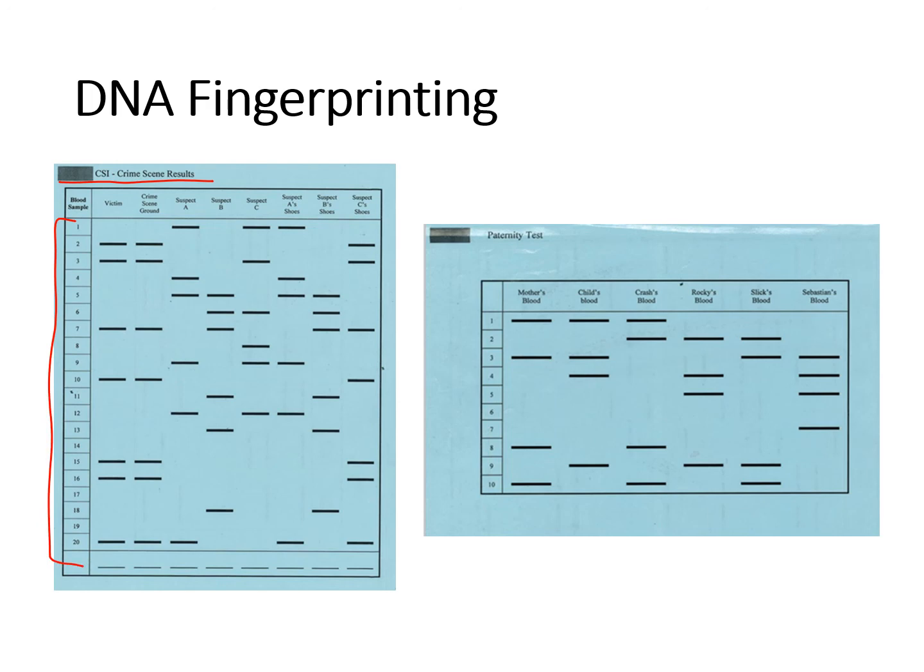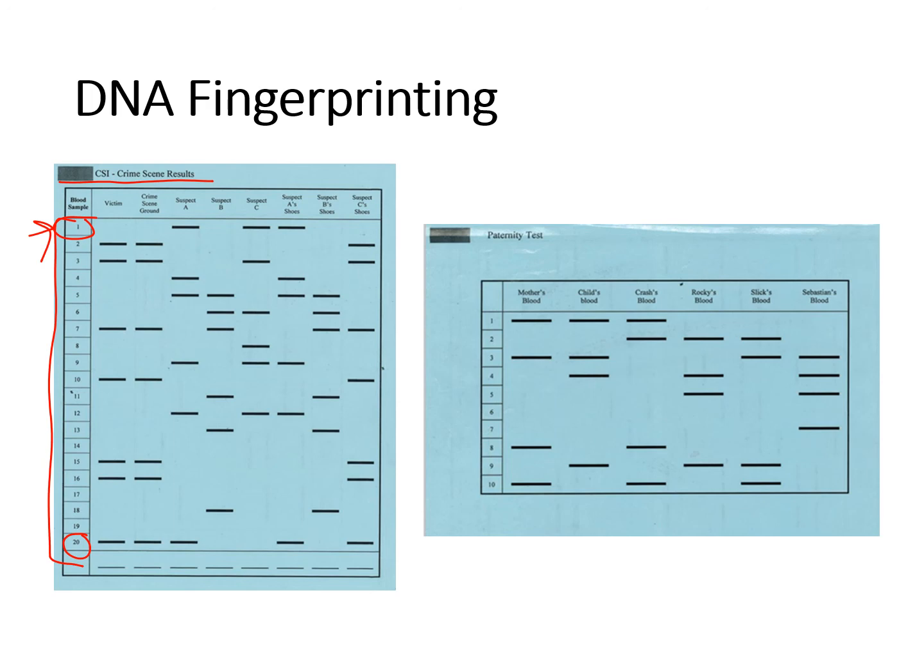For instance, band number 1 is found in suspect A's blood, suspect C's blood, and suspect A's shoes. And then band 20, for instance, is found from the victim, the crime scene, suspect A, suspect A's shoes, and suspect C's shoes. So you refer to the band number. That's how you know which band you're talking about.